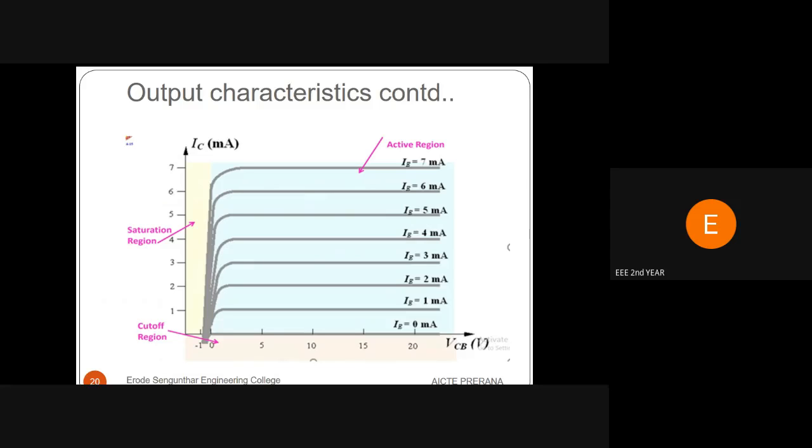In the active region, collector current is approximately equal to emitter current value. The region left of VCB equal to 0 is denoted the saturation region. In the saturation region, the collector current varies linearly based on the applied voltage. Here, applied voltage is VCB, collector base voltage.